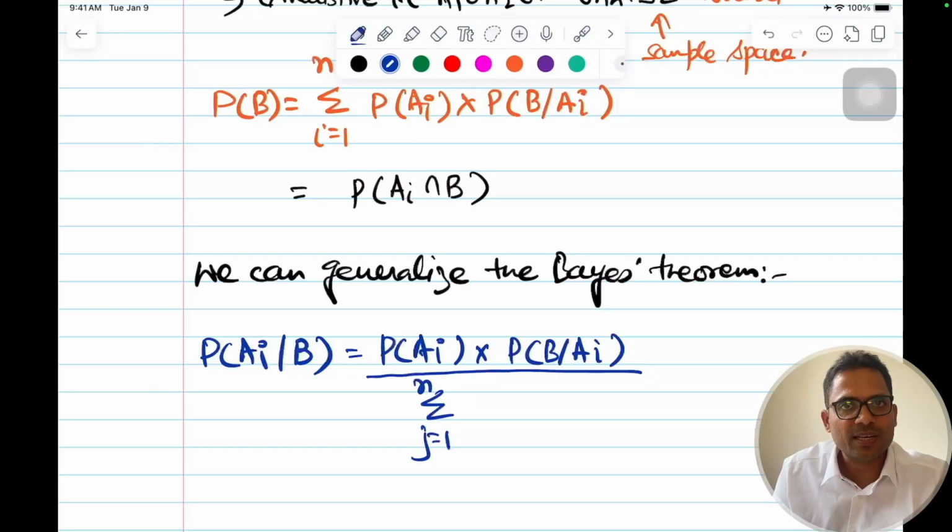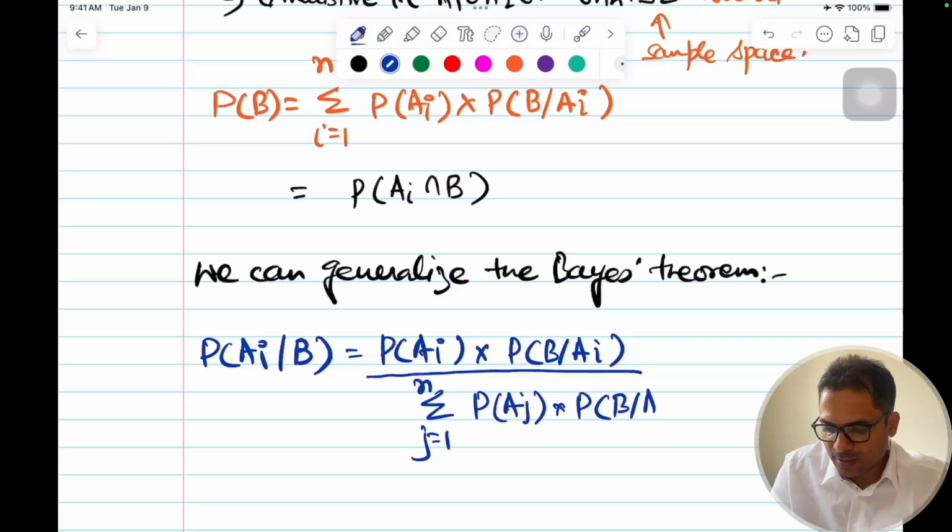I'll use another variable in the denominator. The intersection part we write using the chain rule: probability of Aj into probability of B given Aj.